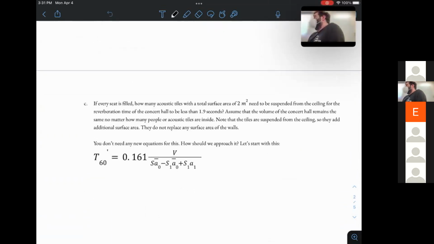That's the first part of it. That gets us as far as what the reverberation time would be with filled seats instead of empty seats. But we need to know how many tiles we need to add in order to get the reverberation time we're after, which is 1.9 seconds. So we need to add a new term, and that new term is going to look something like this in the denominator.